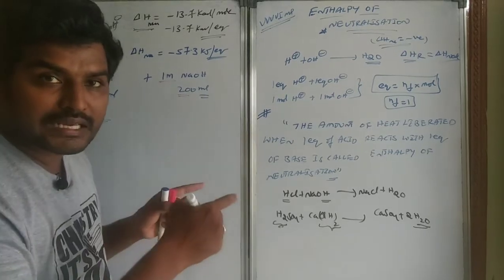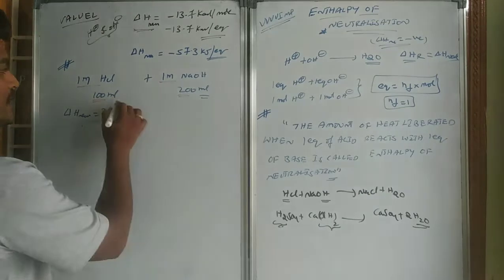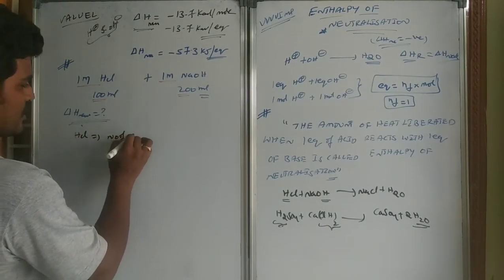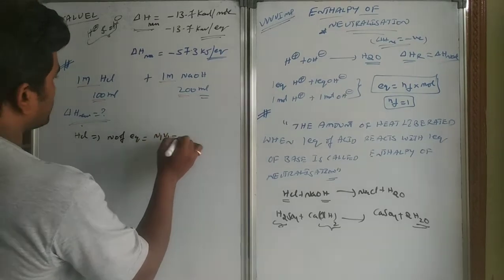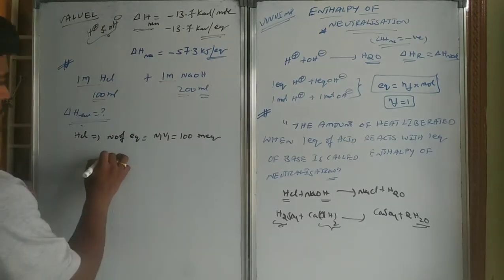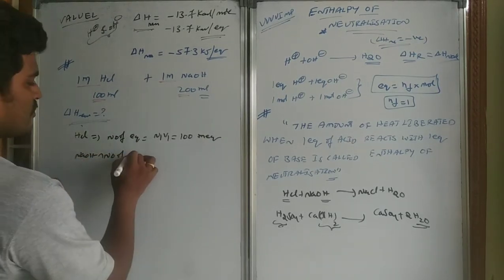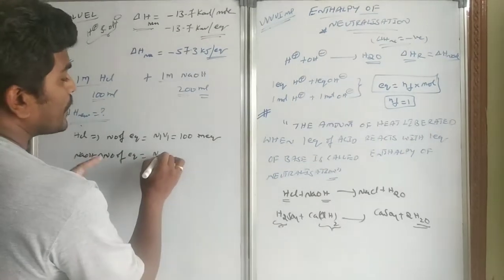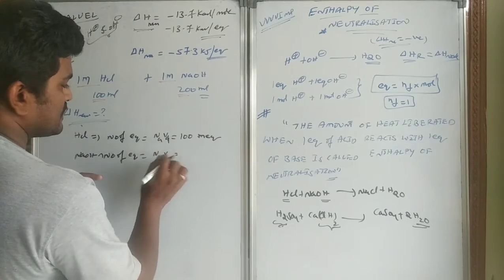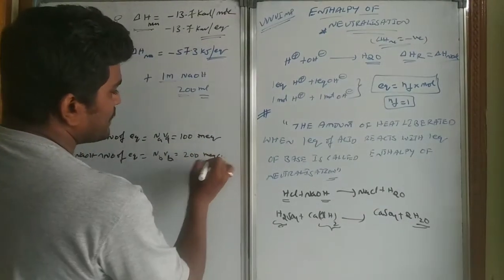When they react like that, not all the acid and base react. So which is the limiting reagent? For HCl, the number of equivalents equals N1V1, so that's 100 milliequivalents. For NaOH, the number of equivalents equals N2V2, or simply NbVb, which is 200 milliequivalents.